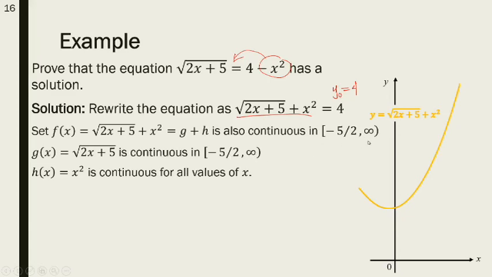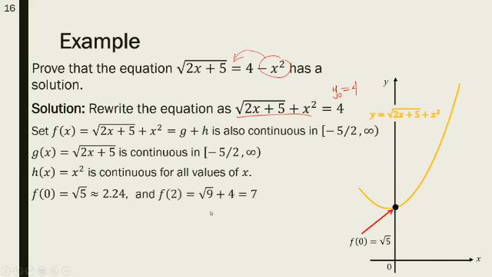Since this interval is too large, we need to find a new interval where f of x is defined. By trial and error, we have f of 0 is equal to square root of 5, which is approximately 2.24. And f of 2 is equal to square root of 9 plus 4 is equal to 7.